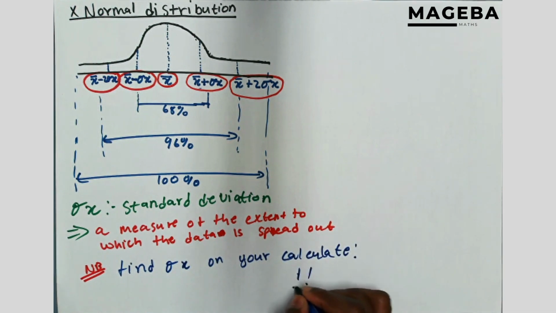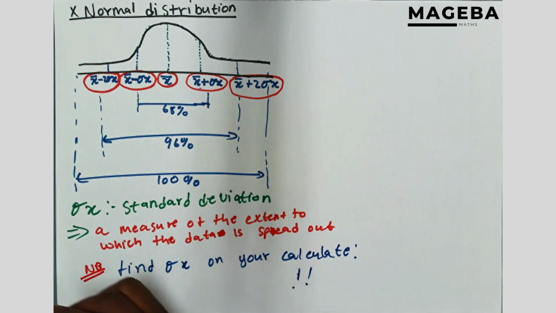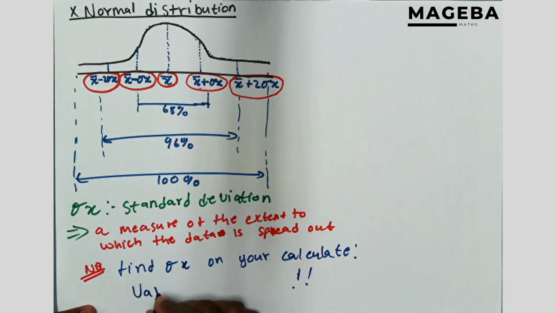Very important stuff, guys. And another thing before I go, there's a thing we call variance. Very important.